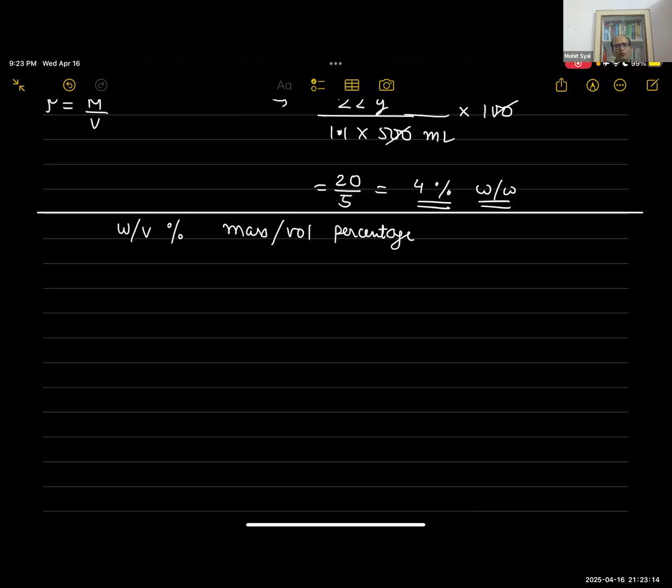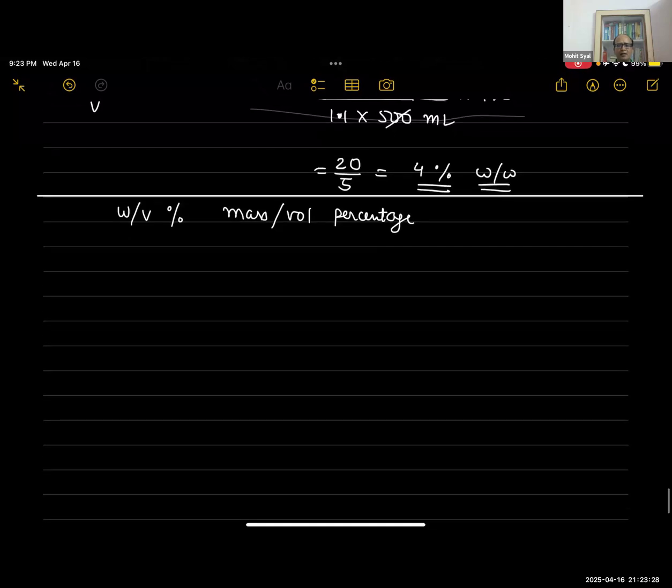Suppose you mix sugar in water. So how many grams of sugar is present per 100 ml? That is called W by V percent. Percent means out of 100. Out of 100 what? Volume. So per 100 ml, how much amount of sugar, or whatever you are mixing, is present, that is called mass by volume percentage of the compound.